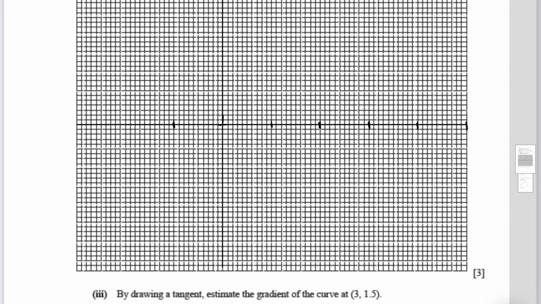One of them is here, the other one is here and the last one is over here.